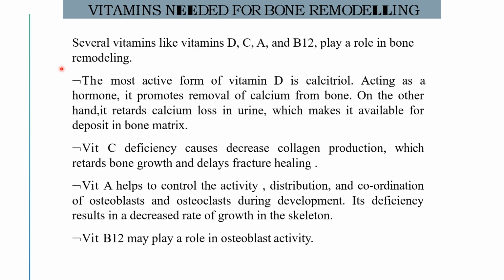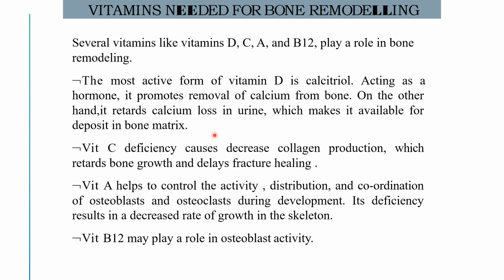Vitamins needed for bone remodeling are vitamins D, C, A, and B12. The most active form of vitamin D is calcitriol. Acting as a hormone, it promotes removal of calcium from the bone. On the other hand, it retards calcium loss in urine, which makes it available for deposition in bone matrix.